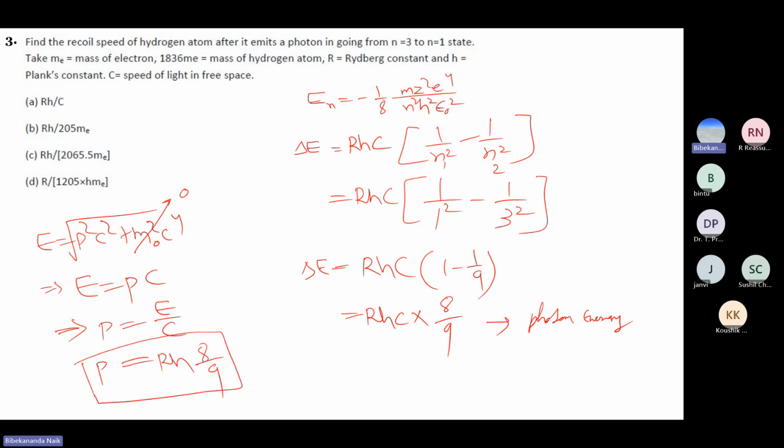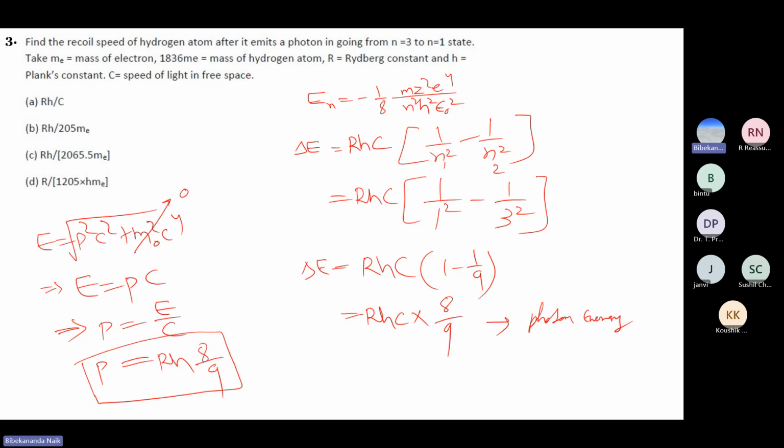Using the energy relation according to Bohr's theory, the difference in energy between the two energy levels will be RHC into 8 by 9, because the transition is occurring from n equal to 1 to n equal to 3. So 1 minus 1 by 9 is 8 by 9. So it will be RHC into 8 by 9, where R is Rydberg's constant, H is Planck's constant, and C is the speed of light. So this is the energy of the photon.